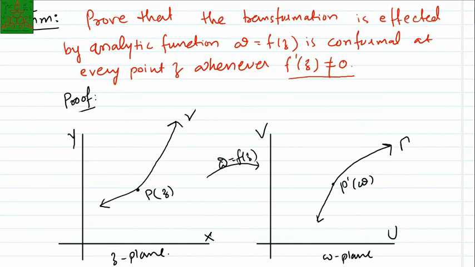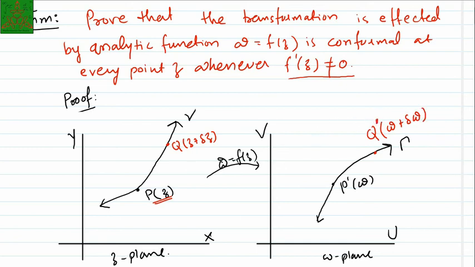Now I am taking another point, Q of z plus delta z, which is a neighboring point of P of z on gamma. The image of Q of z plus delta z will be Q of w plus delta w, which is denoted by Q dash.